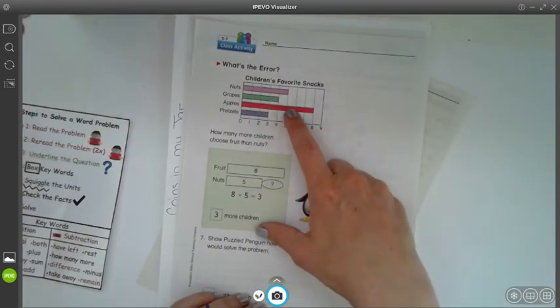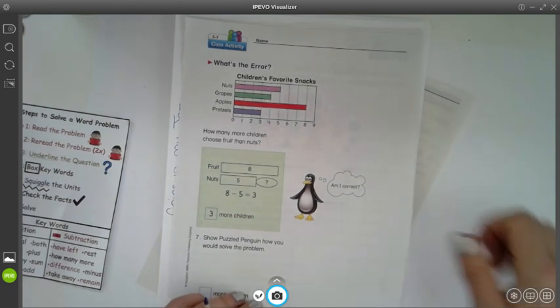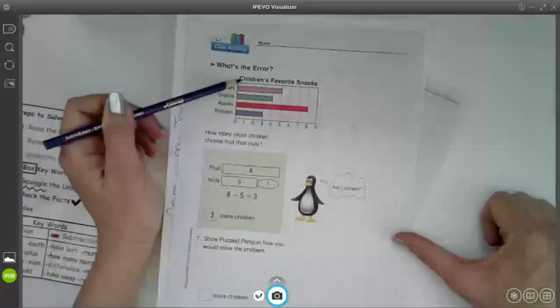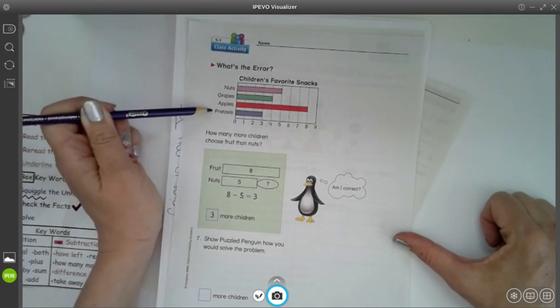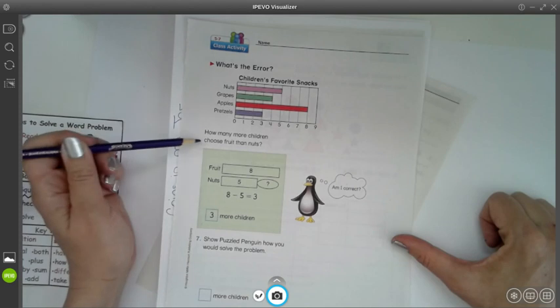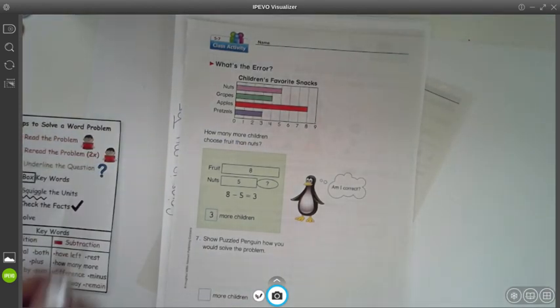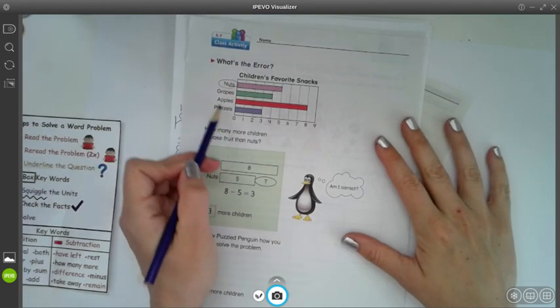After that, you can look at the data that Puzzle Penguin did. Puzzle Penguin was looking at children's favorite snacks. You had nuts, grapes, apples, pretzels, and how many more children chose fruit than nuts. In this one, he took categories. You can see that he took nuts and he took grapes.